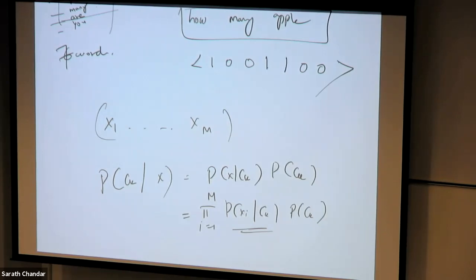But it is very rare that you're going to have such a sentence in the data set that you have in your hand, which means this product over M, this product over 100,000 variables, almost always some of them are going to be 0. Now, isn't it bad?